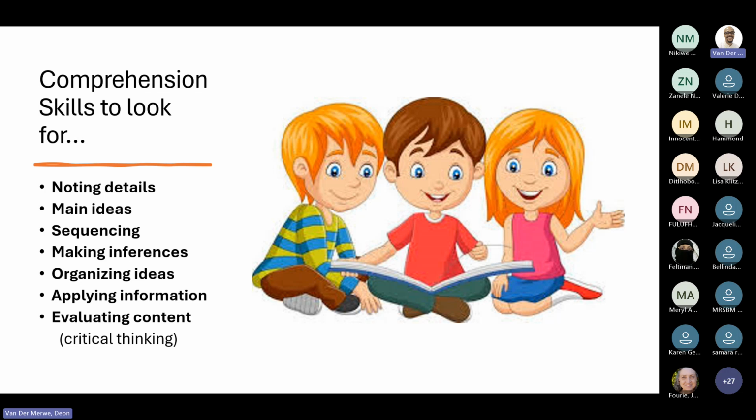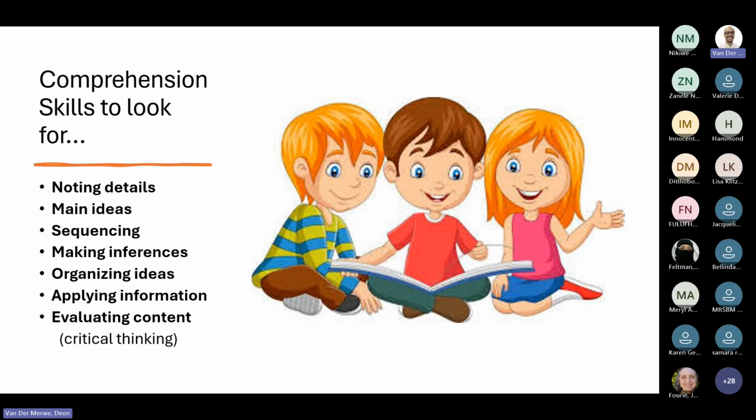Organizing ideas by recognizing how ideas relate to each other, and applying information using what was read to solve problems or make decisions, as well as evaluating content where you create a space where the learner could perhaps judge the material for bias or relevance or logic. And this is all part of critical reading.